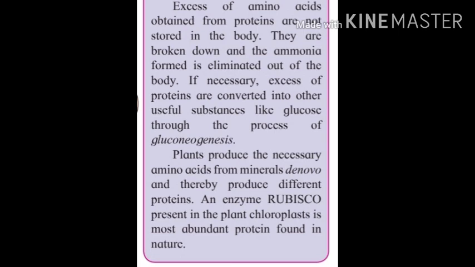An enzyme, Rubisco, present in the plant chloroplast is the most abundant protein found in nature. Now you will know the full form of Rubisco. Rubisco is ribulose 1,5-bisphosphate carboxylase oxygenase, an enzyme that catalyzes the first major step of carbon fixation. The enzyme present in the plant chloroplast is involved in fixing atmospheric carbon dioxide during photosynthesis and in oxygenation of the resulting compound.